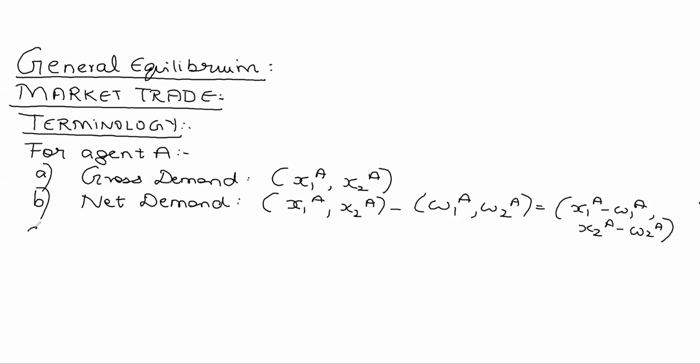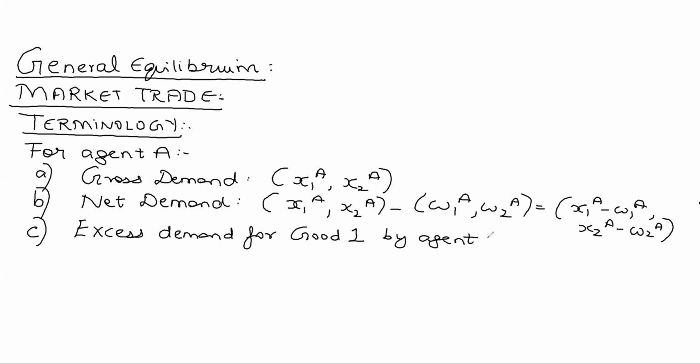Then I am defining something. Look onto your screens. We are defining the concept of excess demand for good one. Excess demand for good one by agent A, which we denote by E1A, is nothing but x1a minus omega 1a.